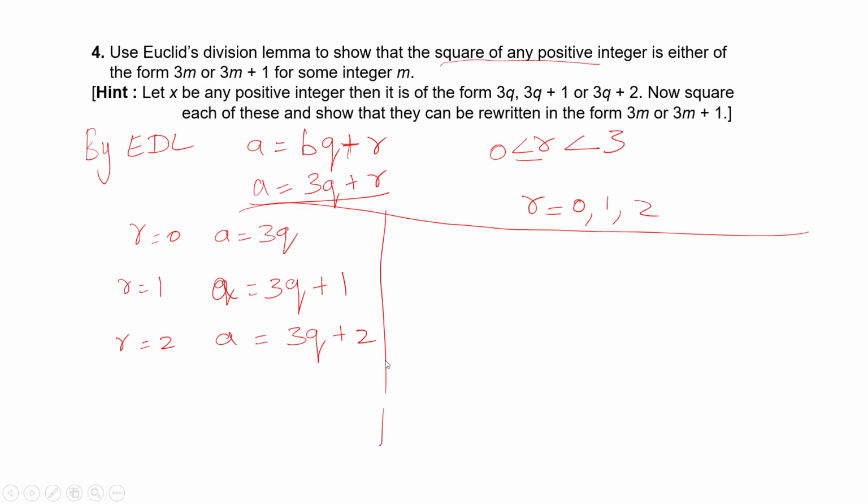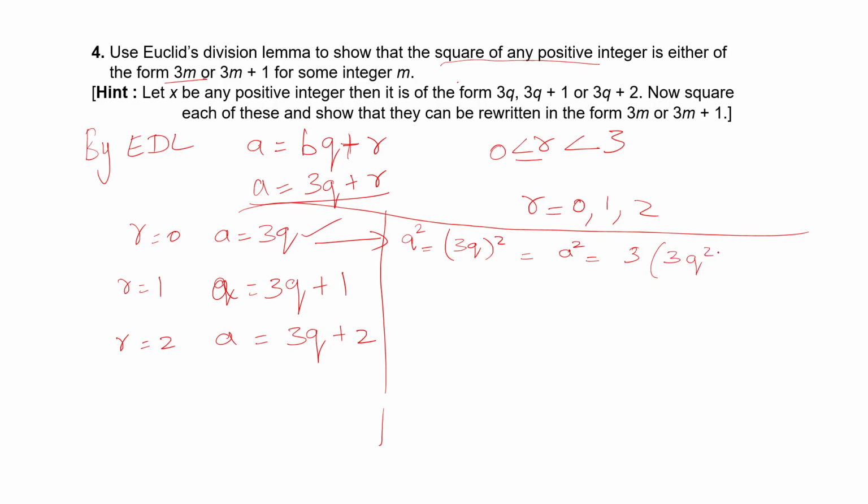Same as the previous question. So what is the difference here? The square of any positive integer. So you have to find a square is equal to 3q whole square. What is the format required? Before arriving at the solution, 3m, that means 3 should be outside, and whatever is remaining should be inside.